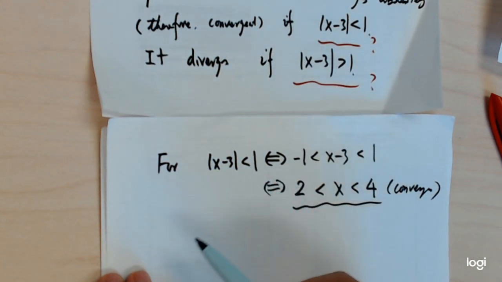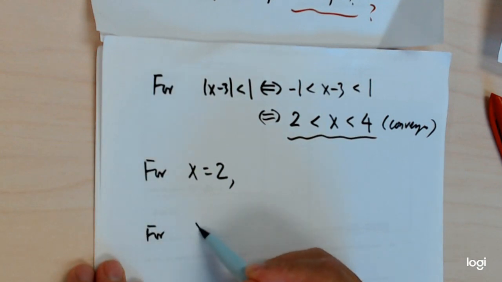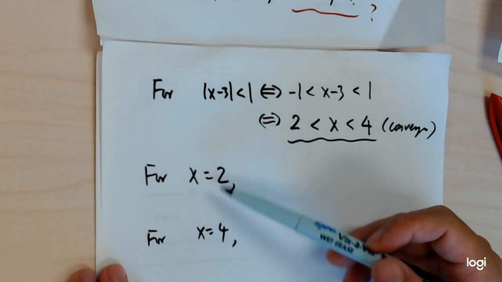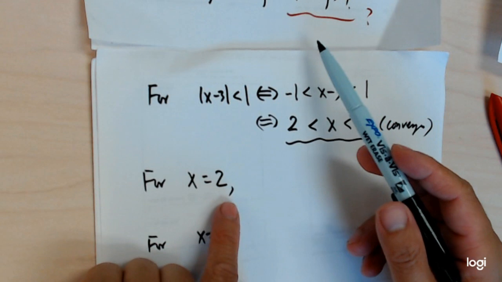Obviously this equals 1 when either x equals 2 or x equals 4. For those two cases, the limit of this ratio turns out to be 1, and I can't apply the ratio test.